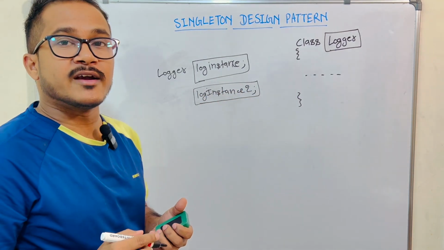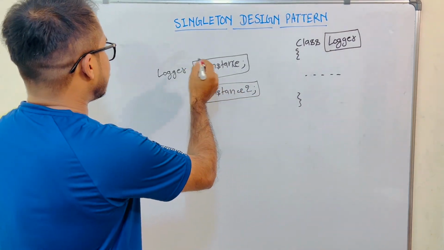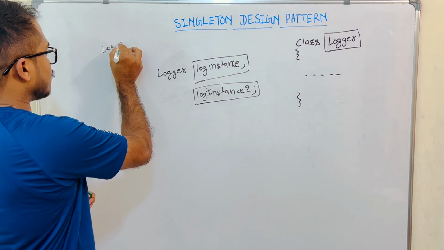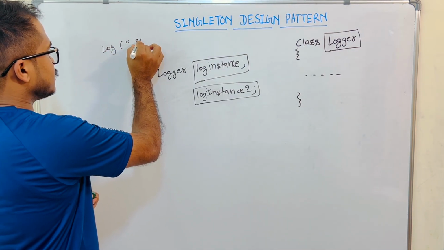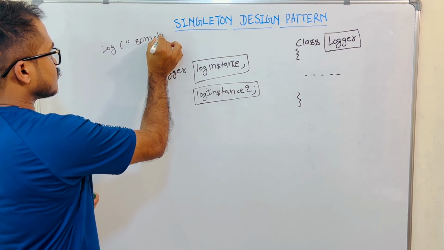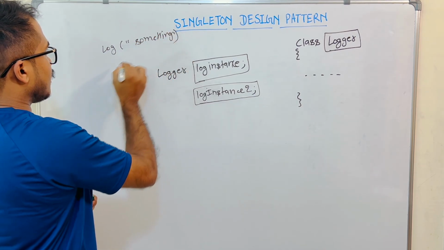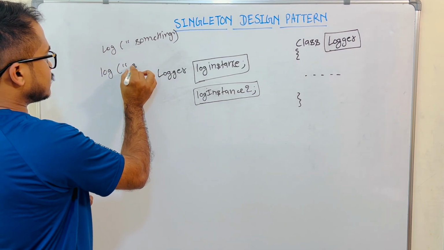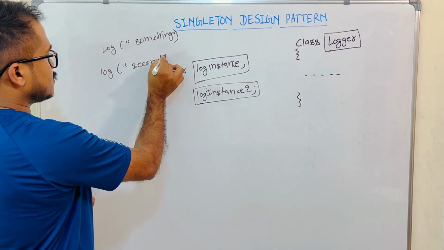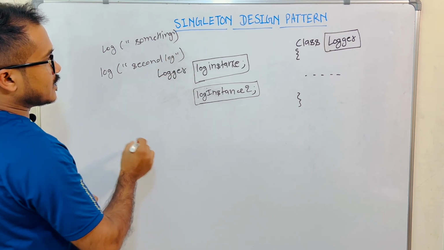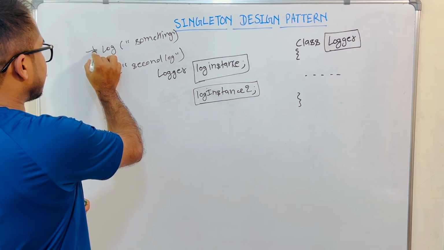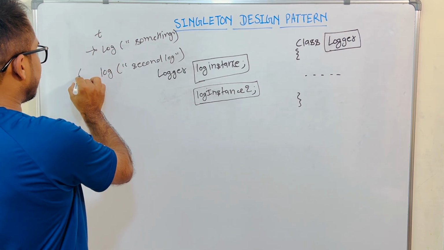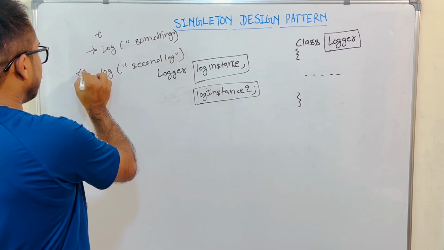And what is the reasoning behind that? Let's say there is one log statement, log something, and there is another statement, second log. Let's say the first statement gets executed at time t and the second executes at time t plus 1.